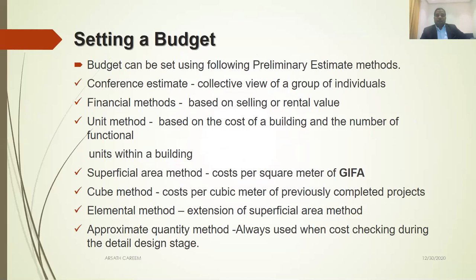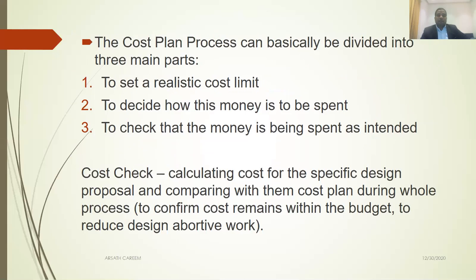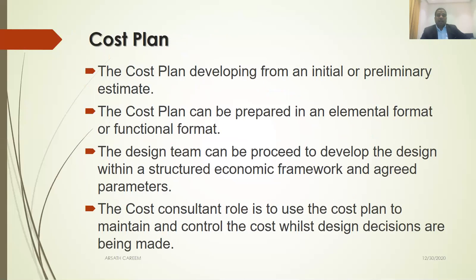Now, we talked a lot about the cost plan, but in the initial slide on the cost plan, the first paragraph says the cost plan develops from an initial or preliminary estimate. So we learned about the cost plan.